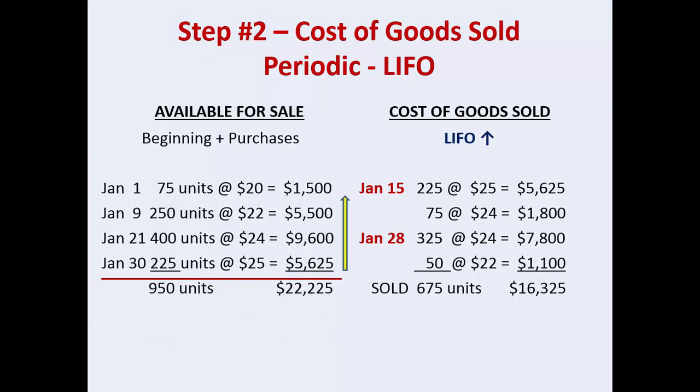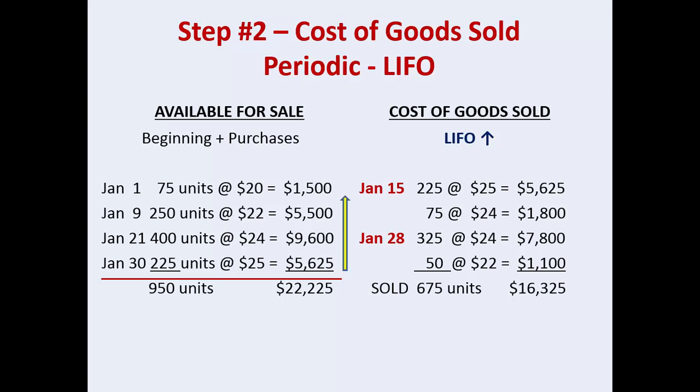Now let's take a look at the periodic and how that's going to differ. With the periodic, you are not assigning the cost until the end of the period. So even though the sale occurred on the 15th, what were the last purchases for the period? So in essence, you're assigning a cost of units that were not purchased until the 21st or the 30th.